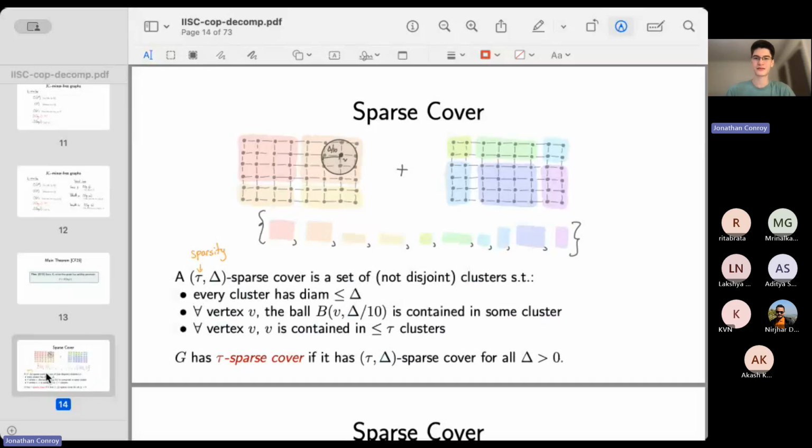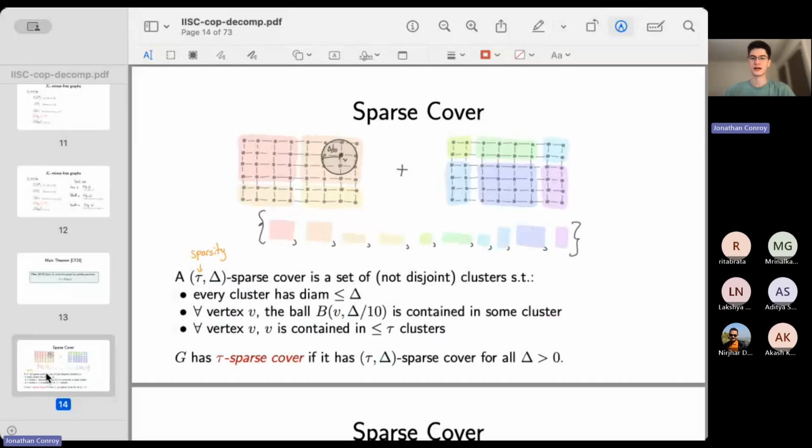Here we have a set of clusters that are no longer disjoint. So padded decomposition requires this disjoint partition of clusters, and now we allow some clusters to overlap. Again, we require all of our clusters to have diameter at most delta. And our guarantee is not that every small enough ball is in a cluster with good probability.